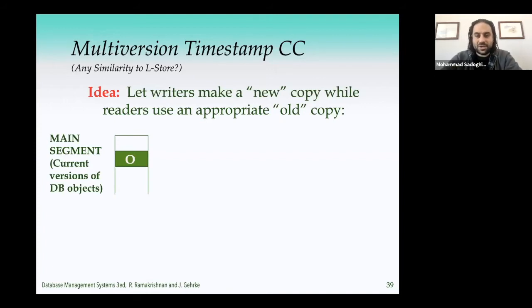In the paper, we do talk about how to exploit timestamp as part of the concurrency control. But the classic multiversion timestamp CC, or concurrency control, is that anytime you want to add something new, you make a private copy. And once you are committed, you make your private copy visible.